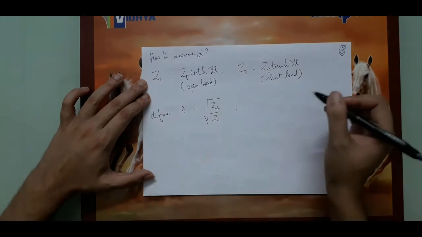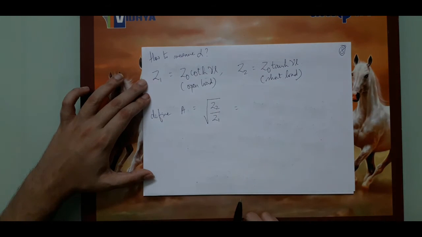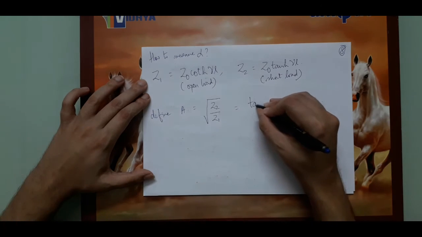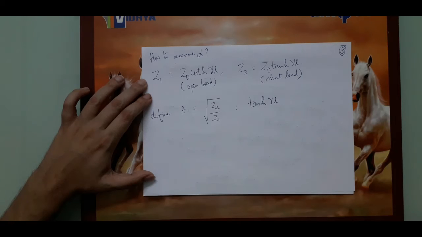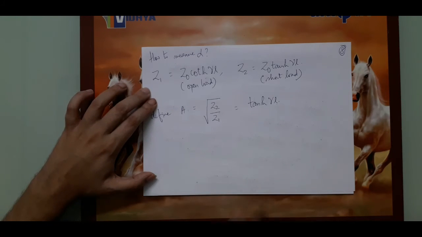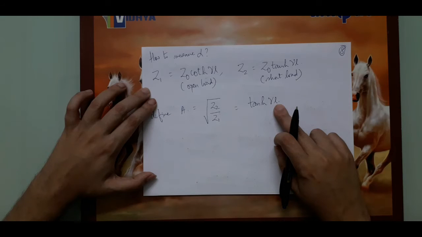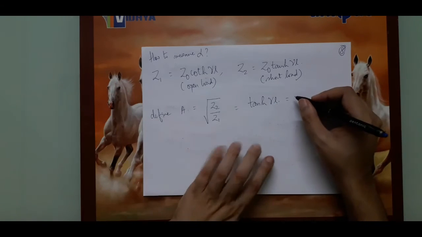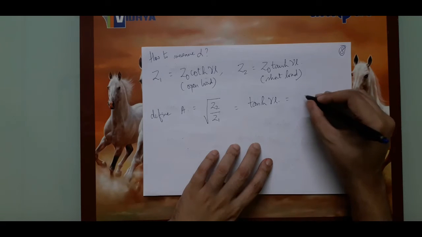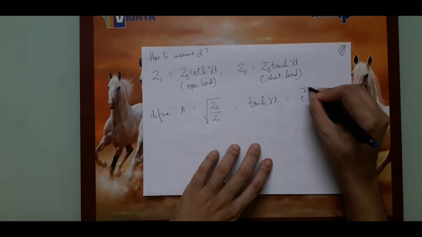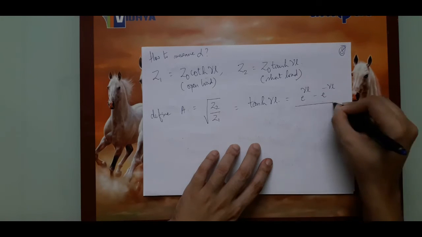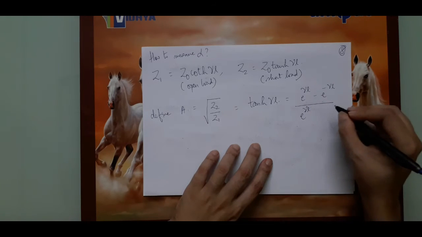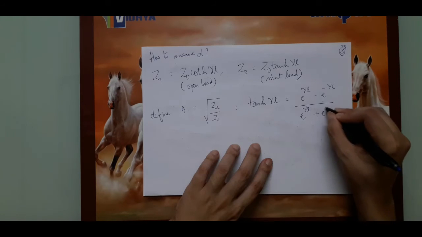If I take this, Z0 and Z0 will get cancelled out, and what I will get is nothing but tanh(gamma L). The physical length I can know by measuring the length of the line. So this I can represent using the formula for tanh, that's e raised to gamma L minus e raised to minus gamma L divided by e raised to gamma L plus e raised to minus gamma L.